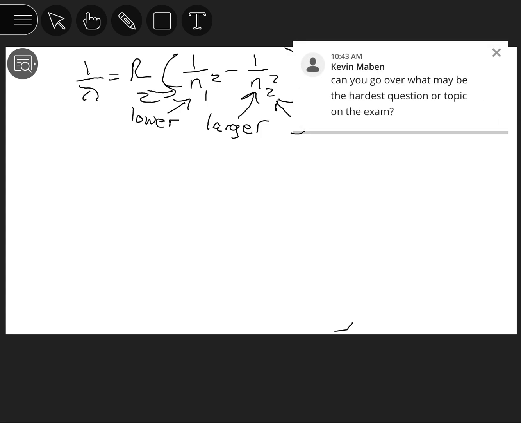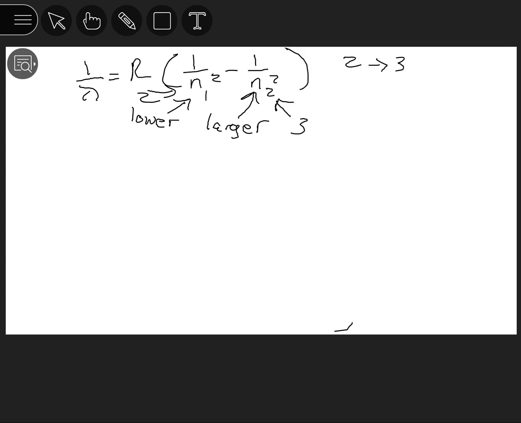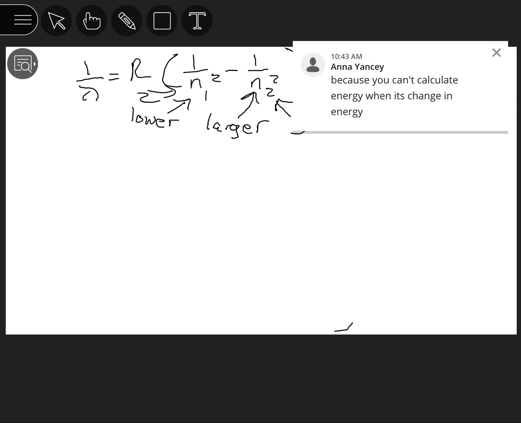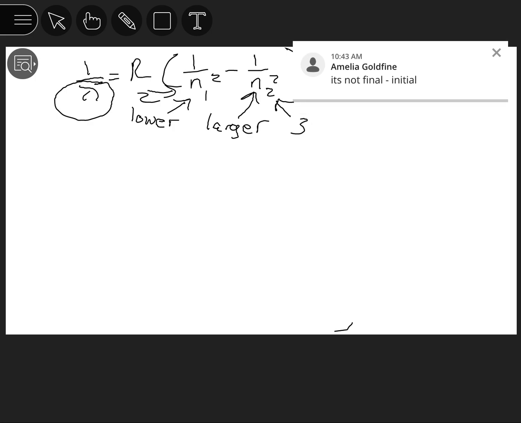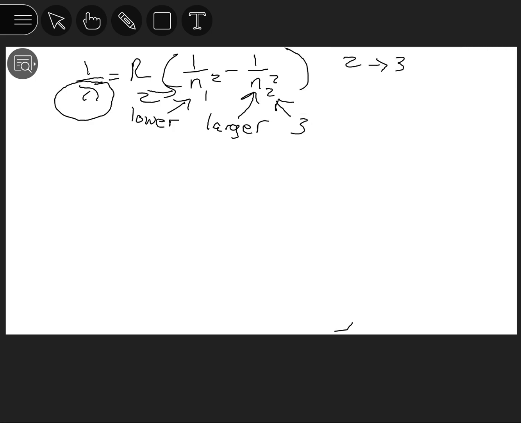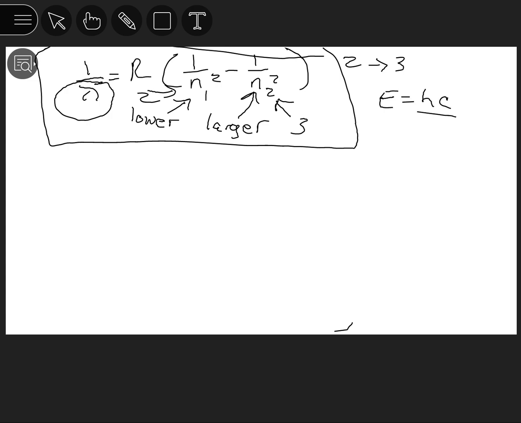It's different with the other Rydberg equation. But with this Rydberg equation, what you can solve for is lambda. Let's say you had to find the energy level and you used this equation. You haven't done anything wrong, because you plug this wavelength in, put in your constants, and solve for the energy level.